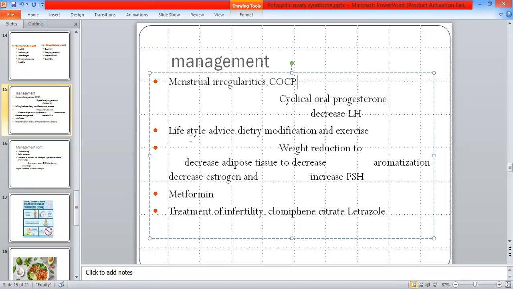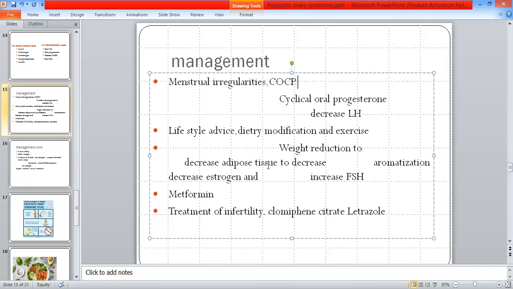The second thing is lifestyle advice. Lifestyle advice means dietary modification, exercise and weight reduction. Weight reduction is very important because mostly the patients are obese. Due to weight reduction, there is a decrease in adipose tissue.